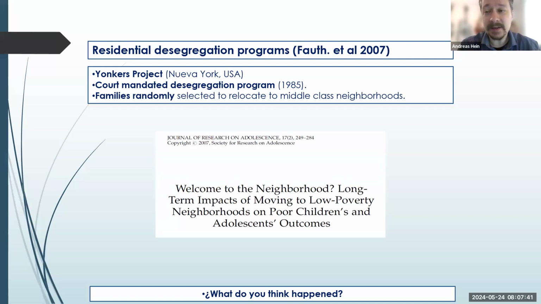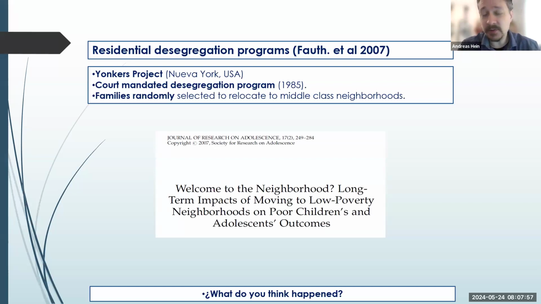And in this context, in the context of a judicial process, the court mandated the state to actually move families out of a residential neighborhood where there was a high concentration of poor families.